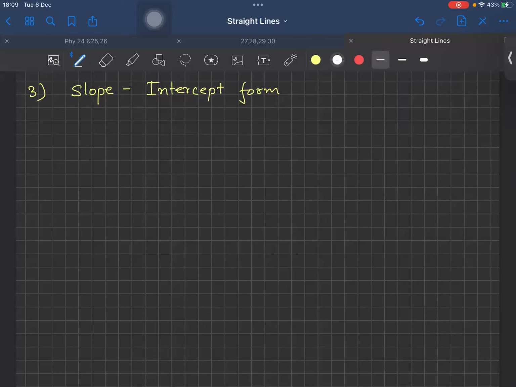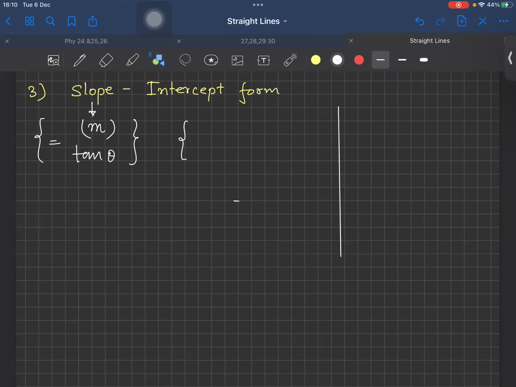When we are writing intercept form, m is given to you in the problem, or theta is given, and m is tan theta. So either theta or the direct value of tan theta will be given, and an intercept. Intercept is what? Okay, let's understand intercept.